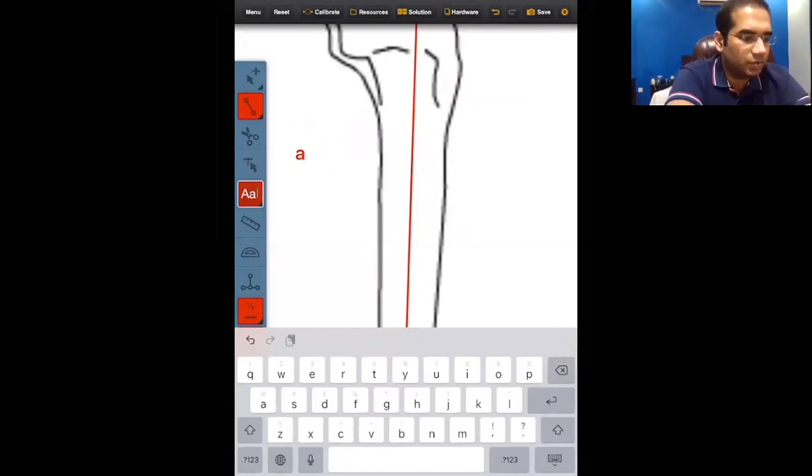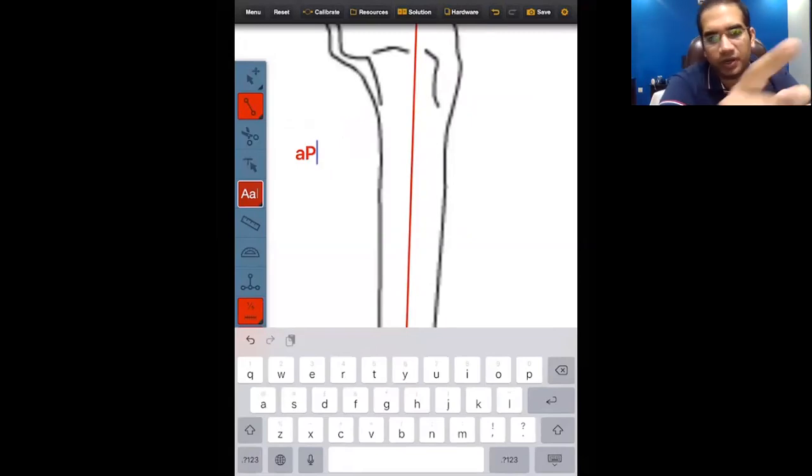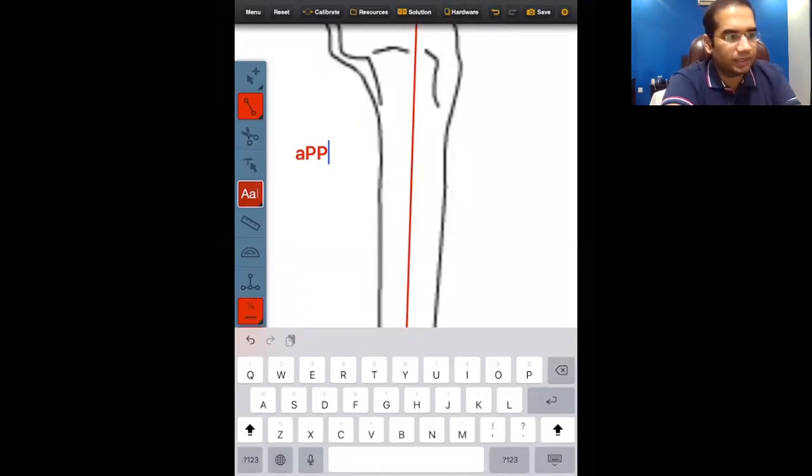Since here it is posterior, the next part is whether it is the proximal or distal part of the bone. So it is the proximal part of the bone. So it is anatomical posterior proximal tibial angle.